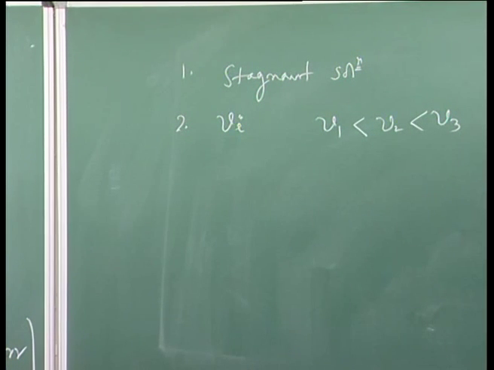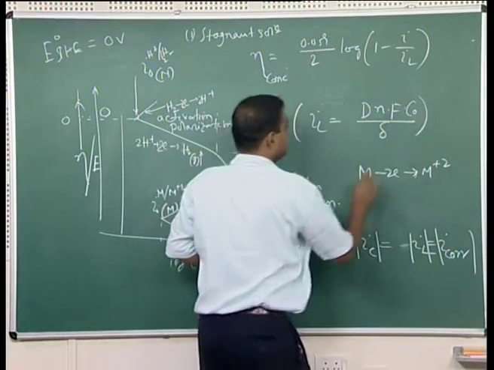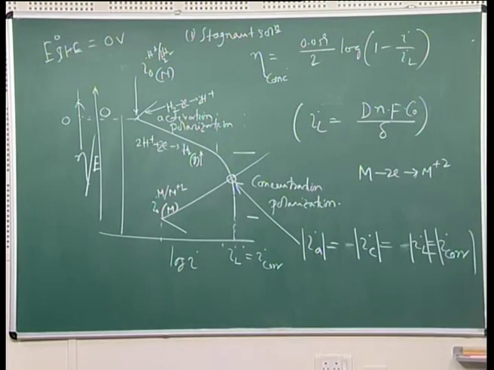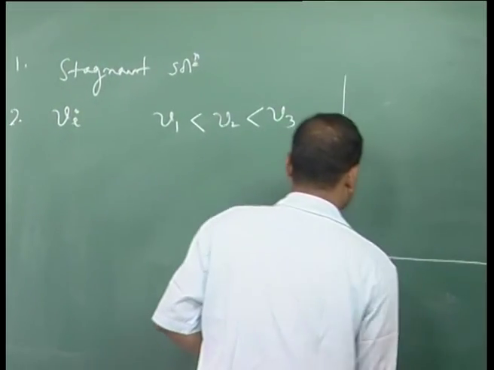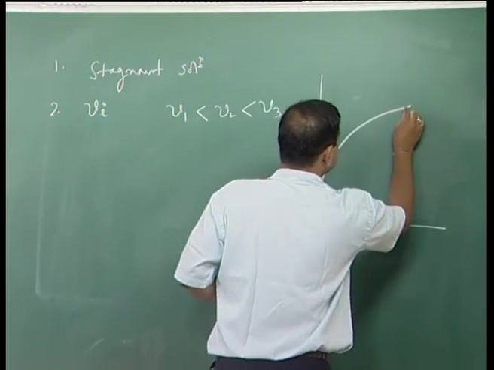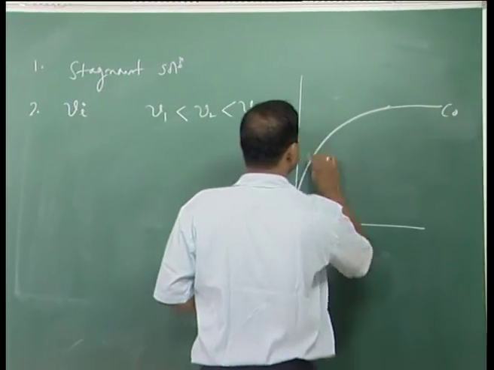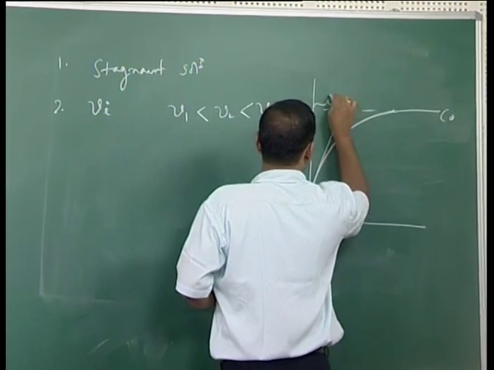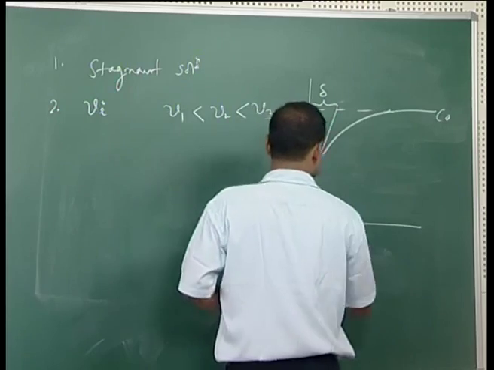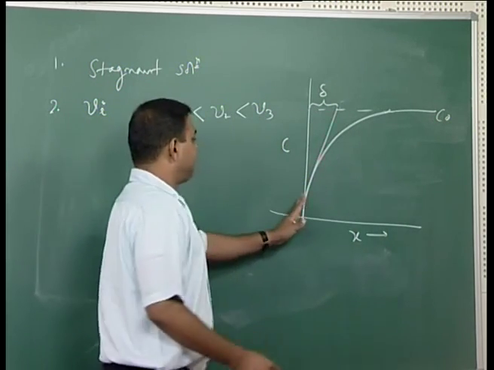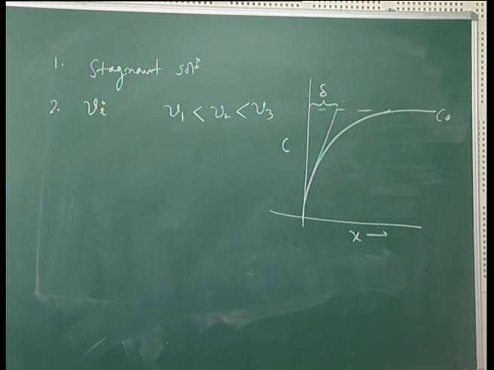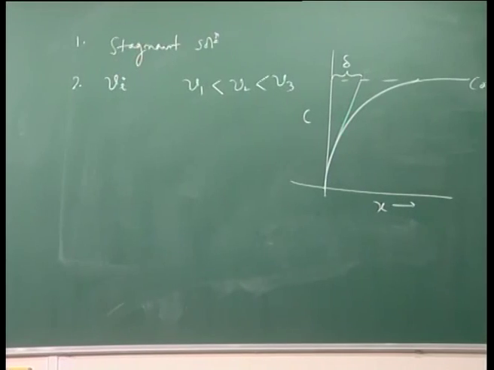Once you increase the velocity in the solution, you are going to affect this equation. If you see the concentration distribution, it is like this. This is my bulk concentration and this is my boundary layer thickness delta, and this is my C axis and this is my x distance from the cathodic electrode surface.